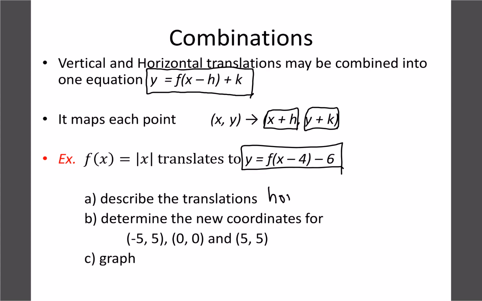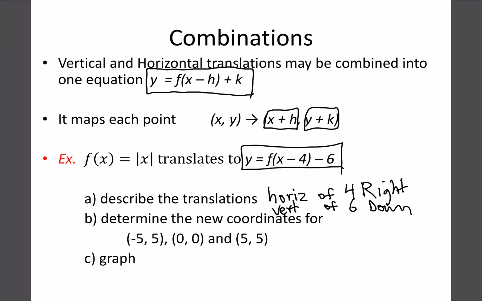Minus means it's going to go to the right. I'm writing it all out, but often we just write 4R to make it easier. And then the minus 6 would mean a vertical translation of 6 down. So we have our description in words.